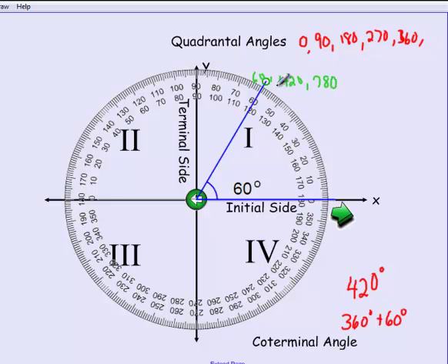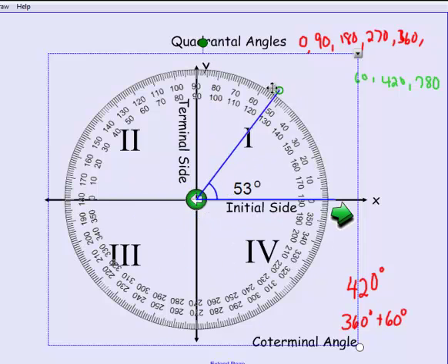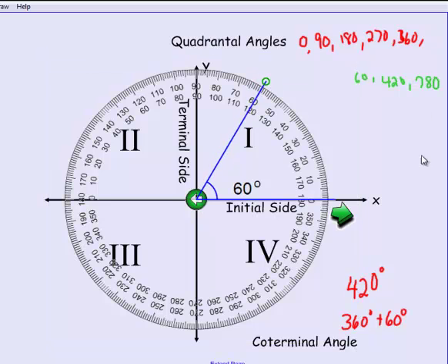Because if I started at 420 and made another complete circle, thus adding on 360 to it, 360 added on to 420 is 780. And I could do that again. And I could add another 360 onto that. And another 360 and another 360. So those are what we're going to play with today.